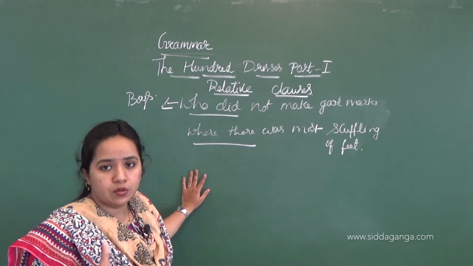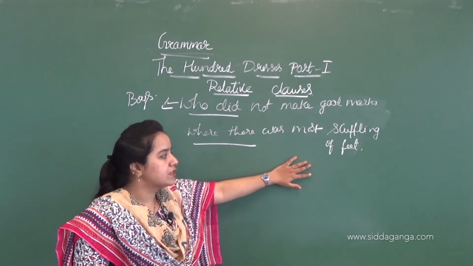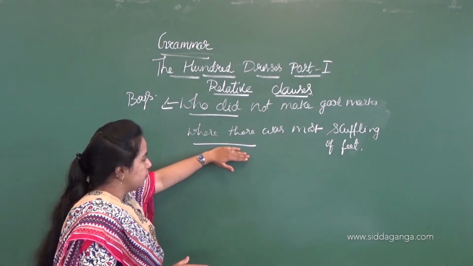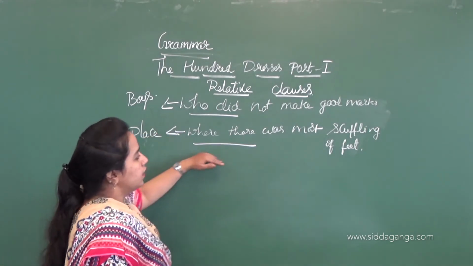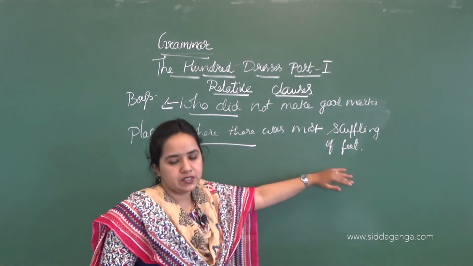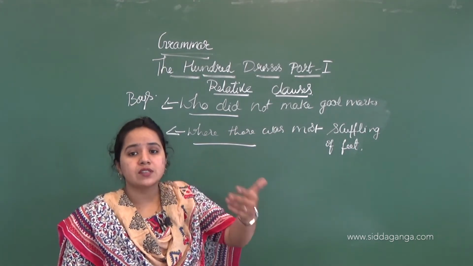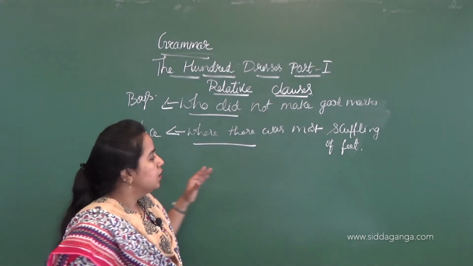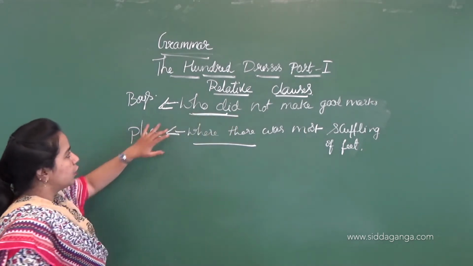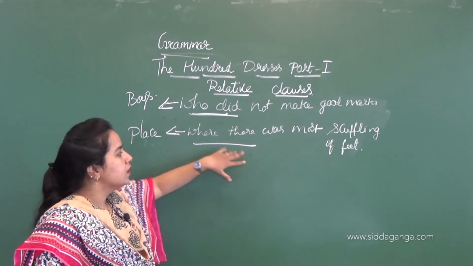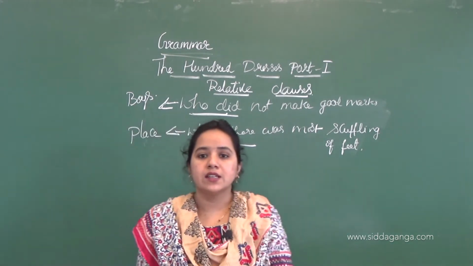And where there was most scuffling of feet tells about a place. Where the boys are sitting, those boys are producing the sound of feet. So who did tells about the boys, and where there was tells about a place where the boys are sitting. This is called a relative clause.